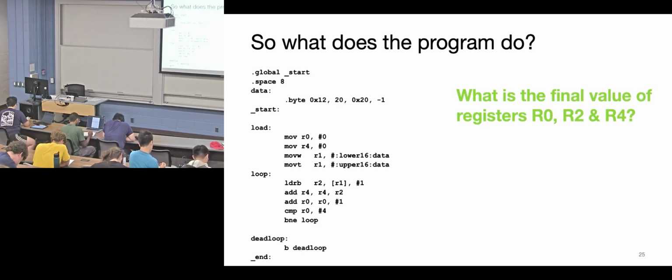R1 is 1, 2, 1, 4. And registers get 32 bits. It doesn't hold it all. This is the value at data.